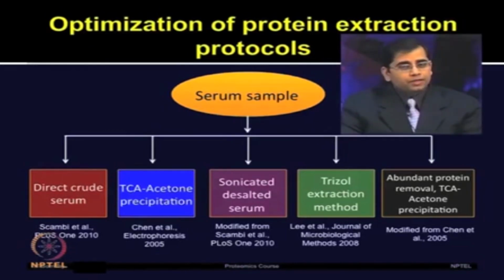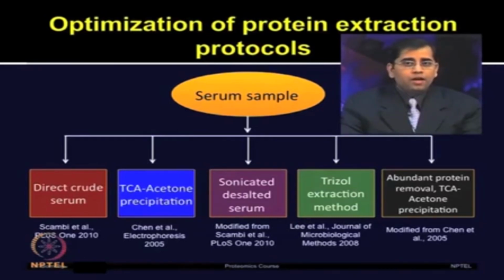Now, after processing of these samples, how to extract the proteins? The protein extraction protocol was also optimized, and to optimize these protocols, first of all we looked at what different methods are available in the literature.